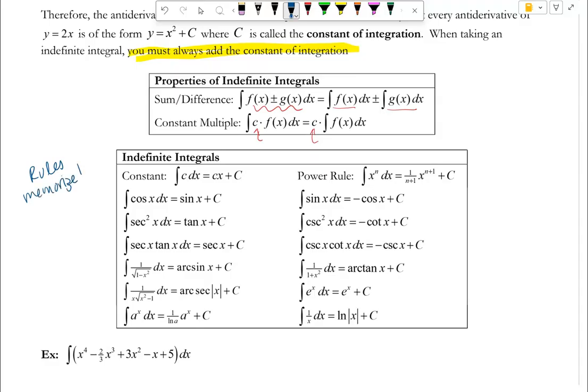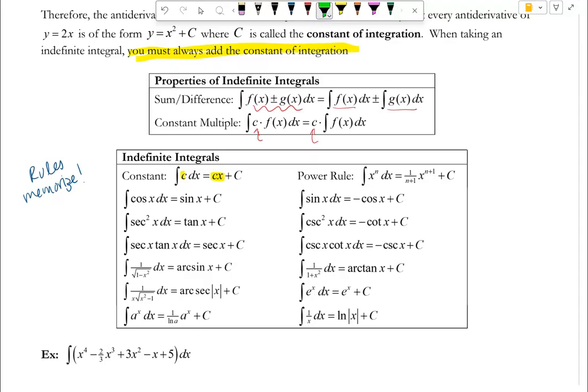But a lot of them we're going to know already because we're just working backwards from how we take a derivative. If I look at the constant rule, for example, I know that when I take the derivative of a constant times x, I just get the constant. So going backwards, if I integrate a constant, I get the constant times x plus c.